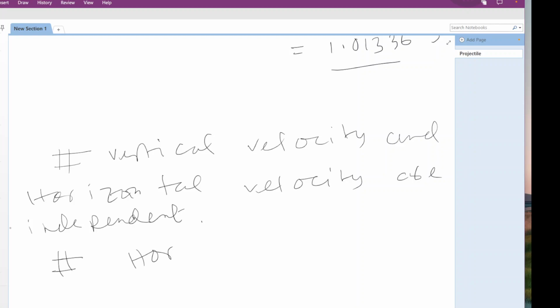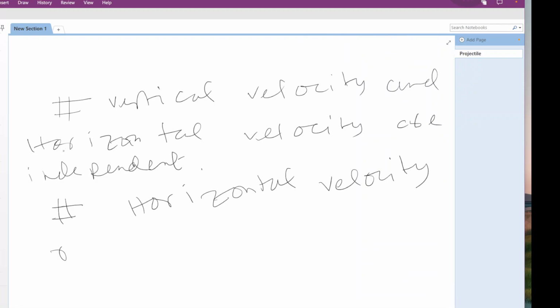Horizontal velocity remains constant, according to Newton's first law: an object at uniform velocity continues its state of motion unless any resultant force acts on it.